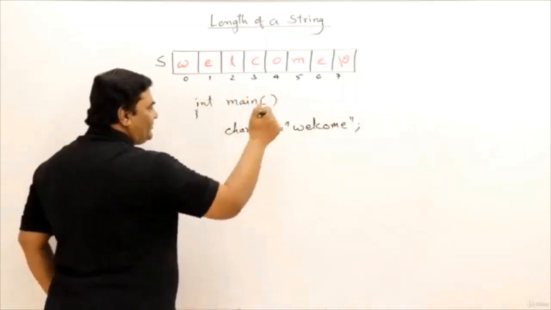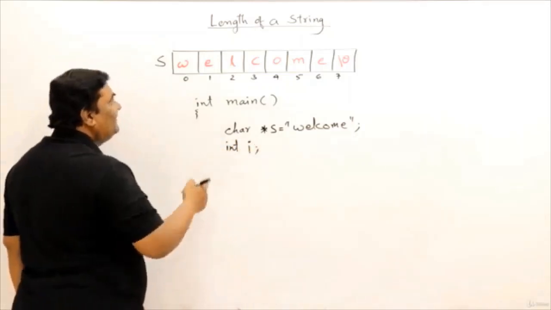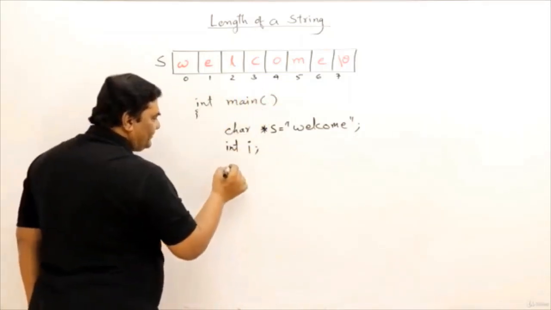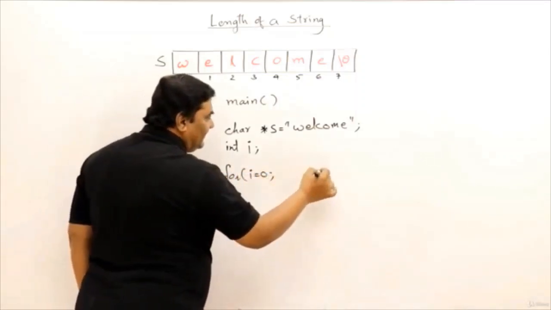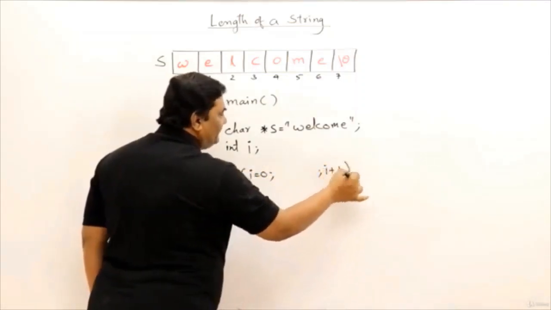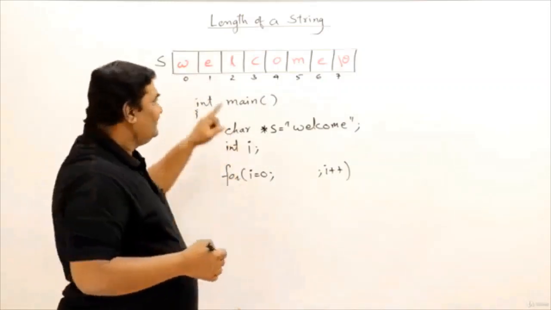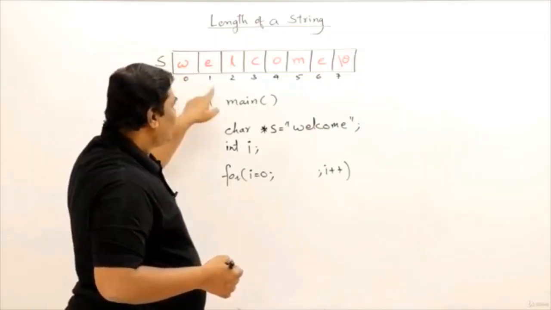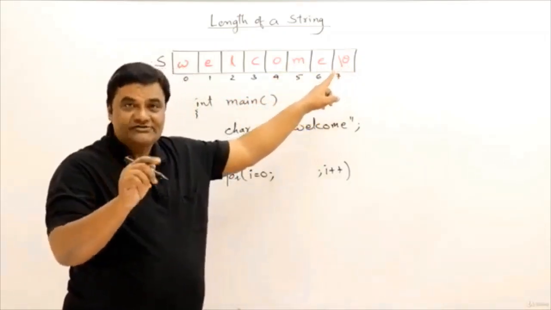Now I have to scan through this. For that I need a variable, that is i. Then using a for loop I can scan through this. So for i assigned 0 and every time i++. But how long should I continue? When should I stop? When S[i] is \0, that is the null character, I should stop.